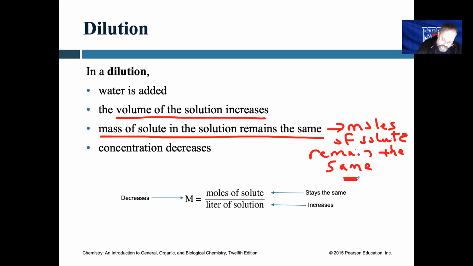If you go back to the molarity equation on the bottom, the moles of solute stay the same, which is our numerator, and the liters or volume of the solution increases, which is our denominator. What happens to the overall value? If you have a fraction where the numerator stays the same but the denominator gets larger, the overall number gets smaller. So the end result is that the molarity, or the concentration, decreases.